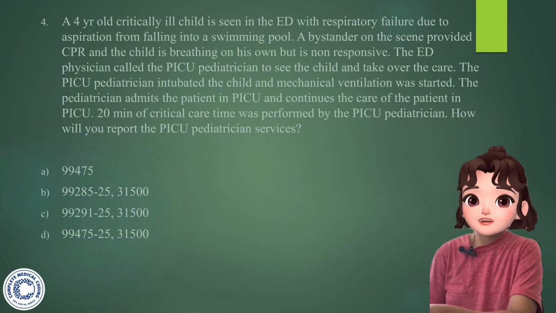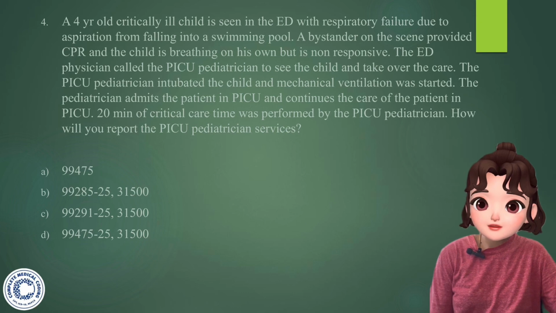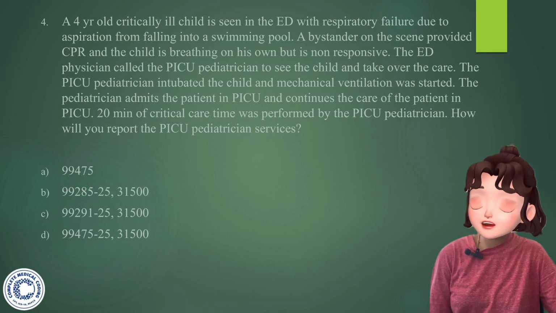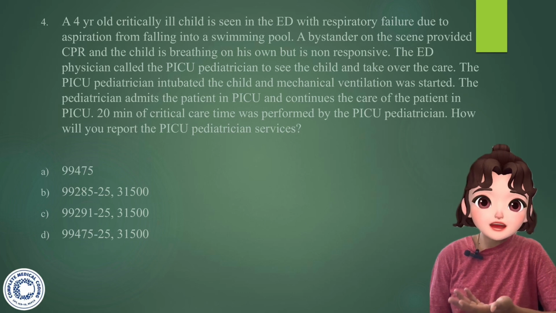Similarly, what is 99291 in option C? This is the critical care E&M code for the critically injured patient, first 30 to 74 minutes. This is not a PICU code. No need to go for the time, because for us the time mentioned is 20 minutes.